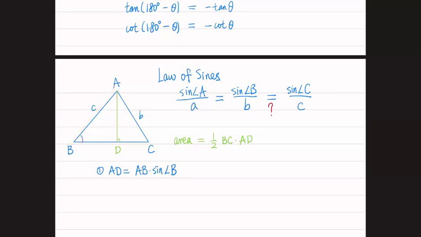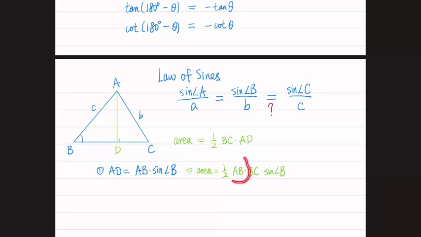So AD is AB sine B, and the area is 1/2 BC AB sine B.